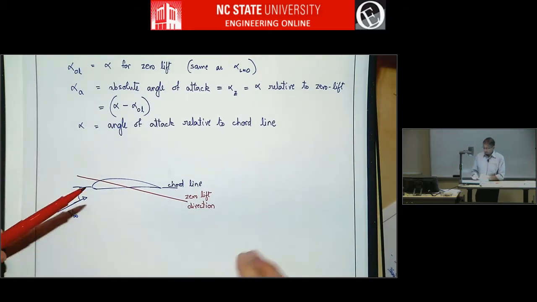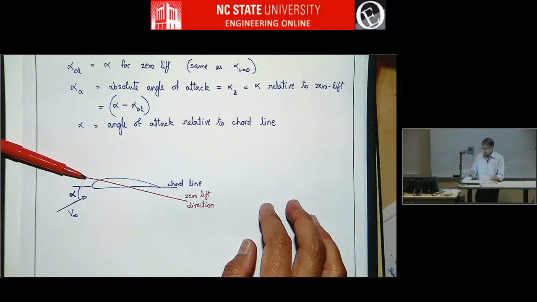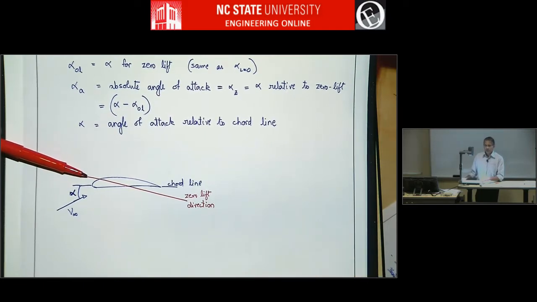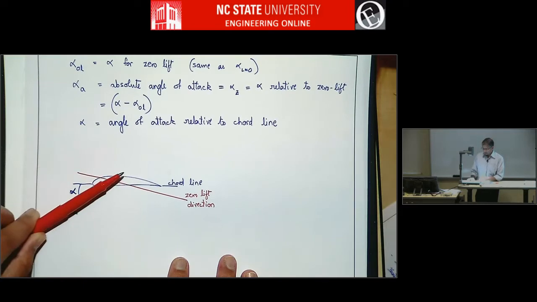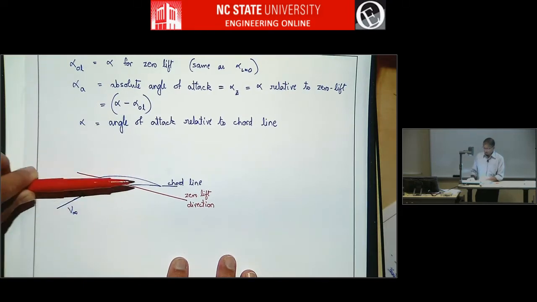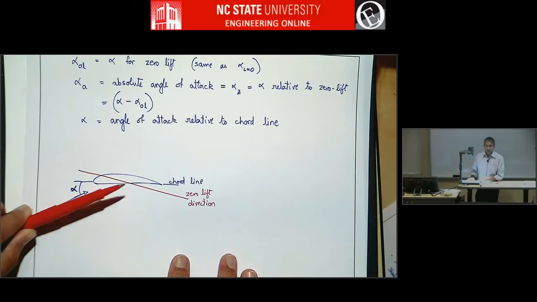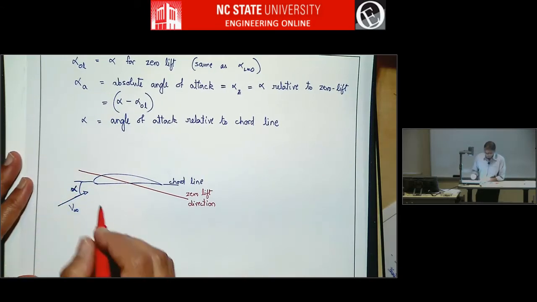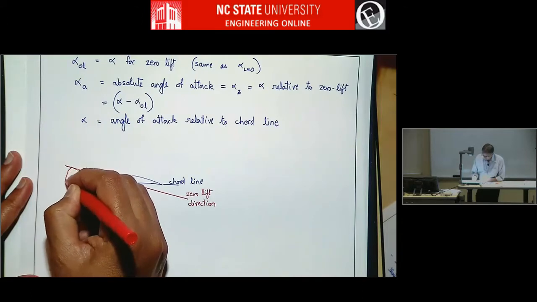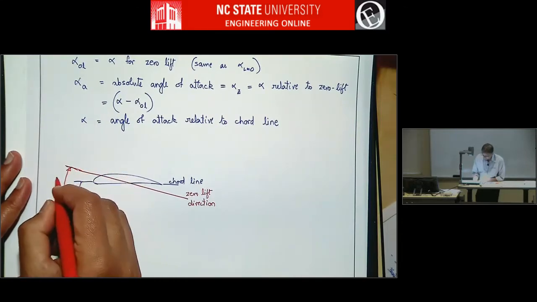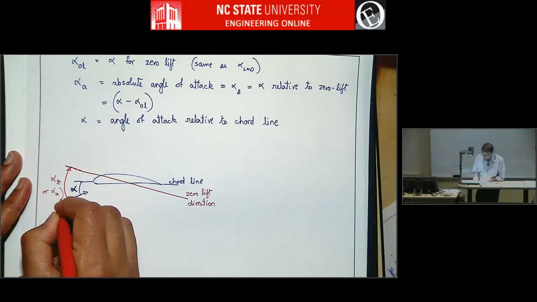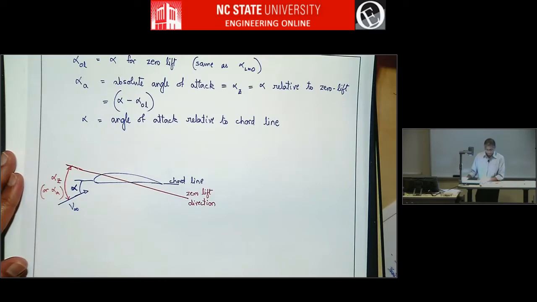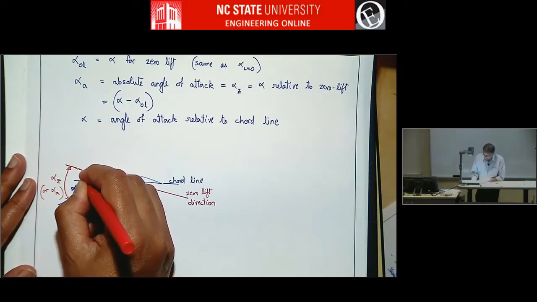That means if the V infinity comes like this, the airfoil will produce zero lift. So the amount of lift that the airfoil produces is proportional to the angle between the red line and V infinity, not the angle between the chord line and V infinity, because it's a cambered airfoil. This angle is called alpha Z, or in some books alpha A. And this is alpha 0 lift.